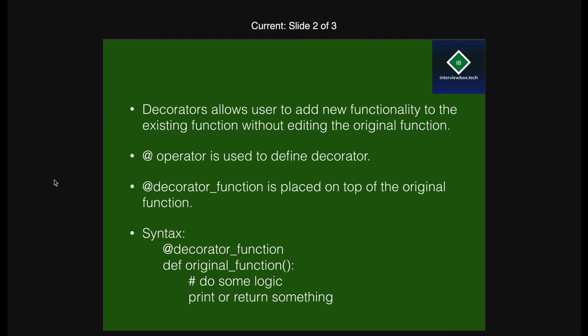A decorator function is defined with the @ operator, and you place your decorator function with the @ sign on top of your original function to tell Python that this function is going to be used in the decorator function. So here's the syntax: you use the decorator function with the @ sign, define your original function, do some logic. So let's go to PyCharm and try to create a decorator function.